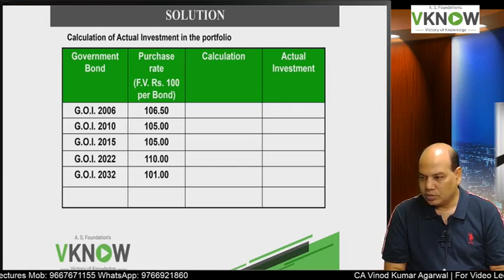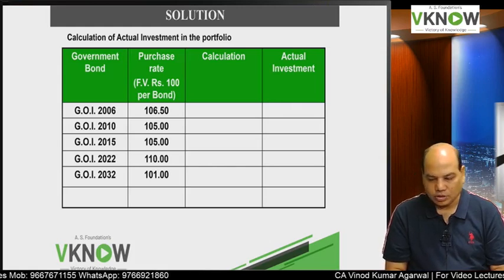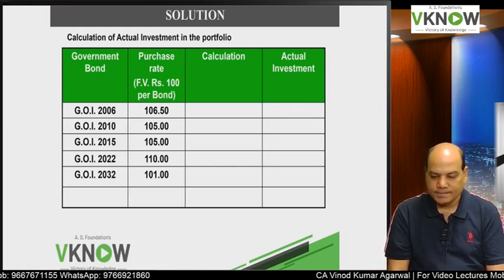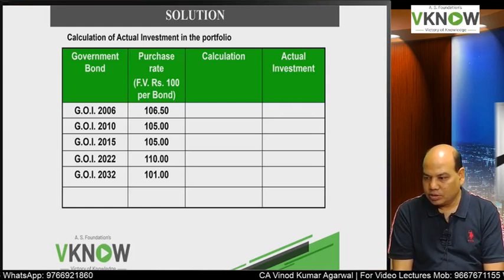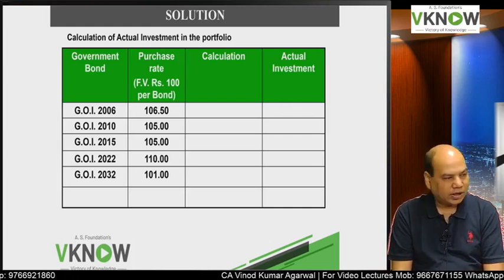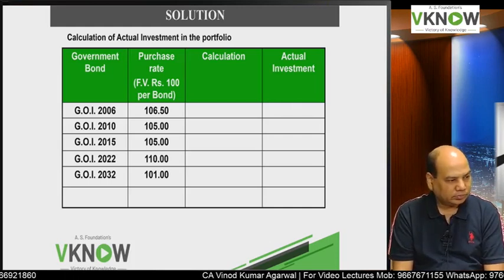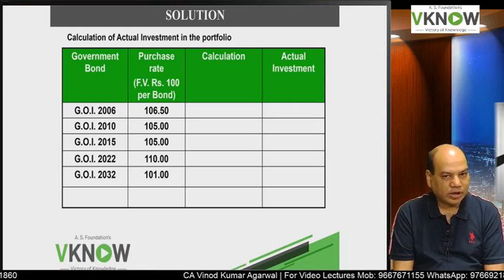First column government bond, second column purchase rate, in bracket face value rupees 100 per bond. These two are given in the problem. Third column write calculation and last column write actual investment.